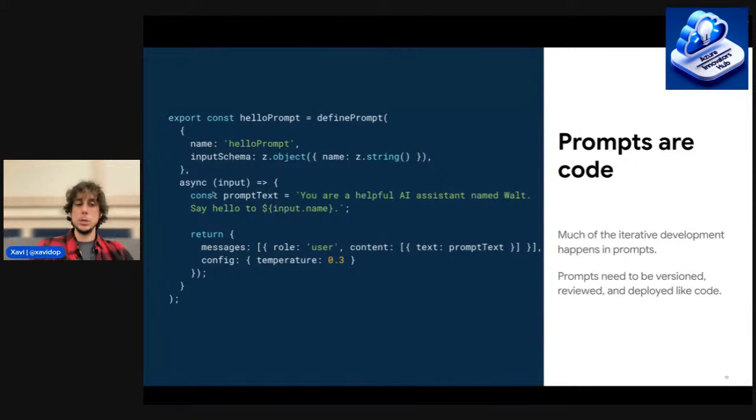So when you are defining the prompt itself, you will always know what type of object you are gonna get as an input. In this case, input is gonna have a property called name with the type string. So for example, in the prompt here, you will see $input.name.